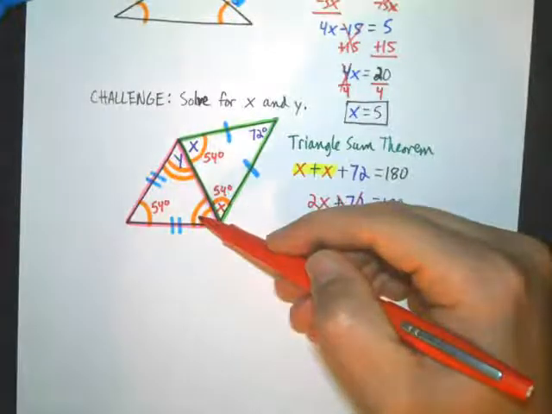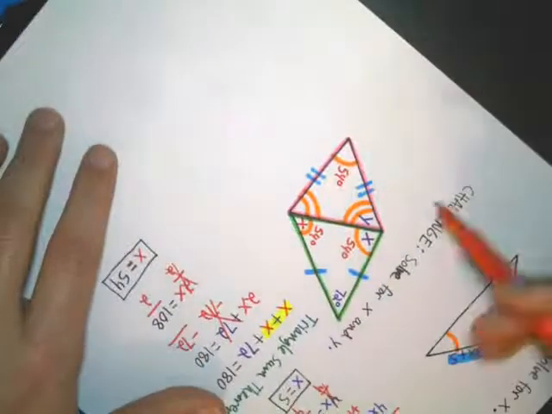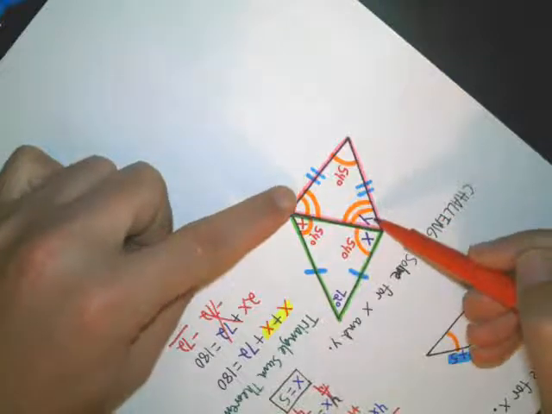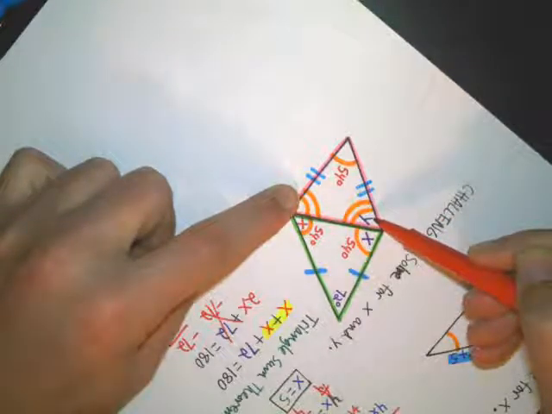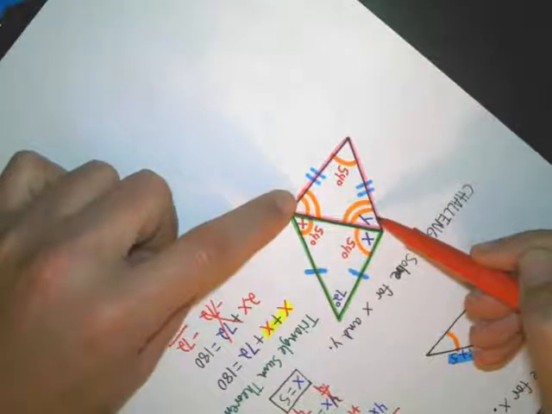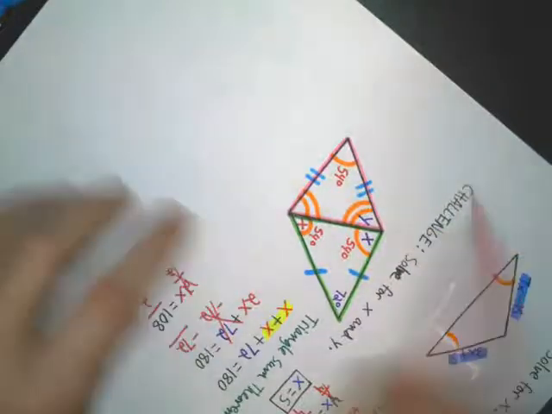Those are the base angles because if we tilted this picture so that we've got the orientation of the legs correct, right underneath those are going to be the base angles. So rotating your paper might be important here to identify the correct base angles in the pink triangle. Now let me rotate it back.